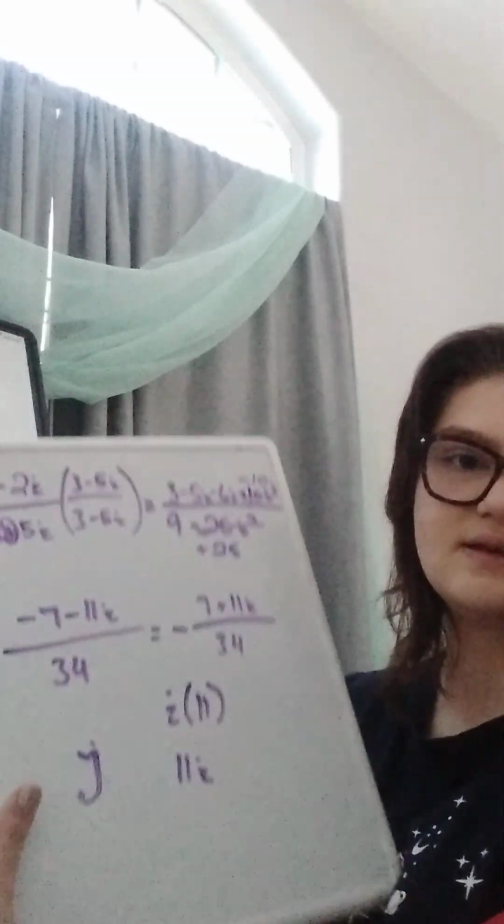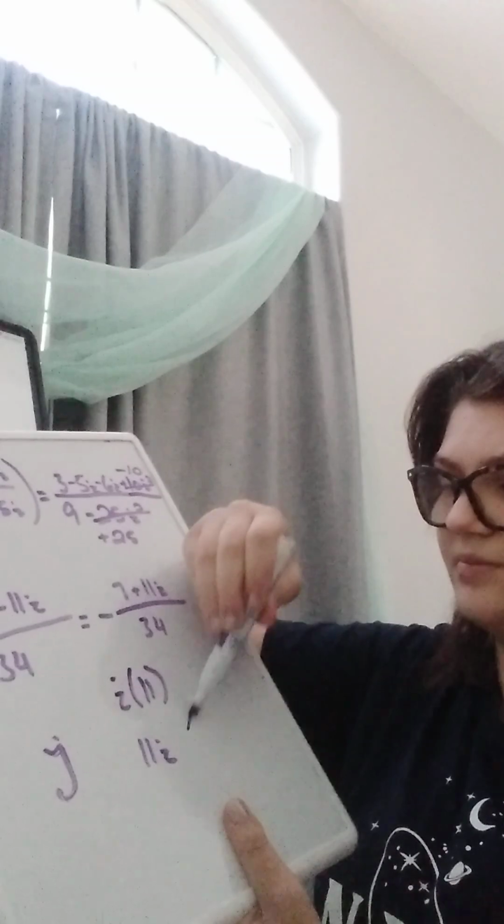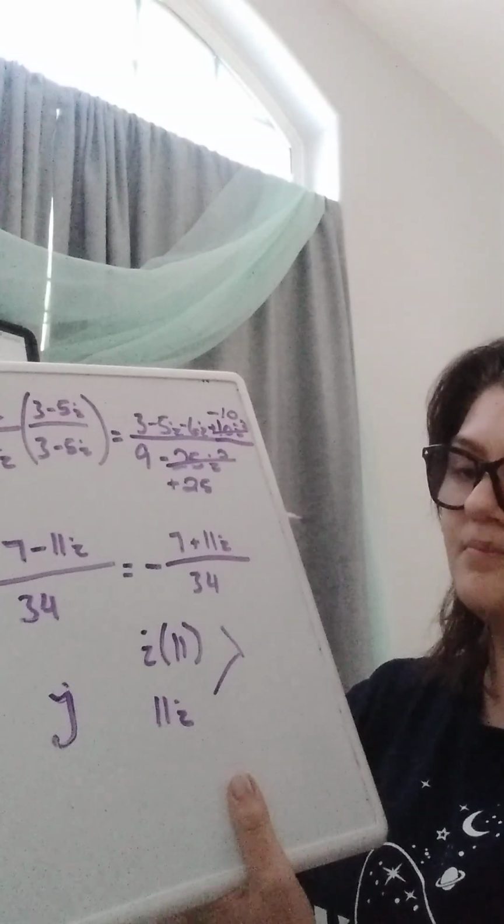Sometimes if you have it out front, you might have to say j or i times whatever number, or you can leave it number i. Let me specify that. You might have to say i times 11, for example, or you might just have to say 11i. It depends on what you're using, but these two are exactly the same thing. And j is another notation for an imaginary number, just something to keep in mind.